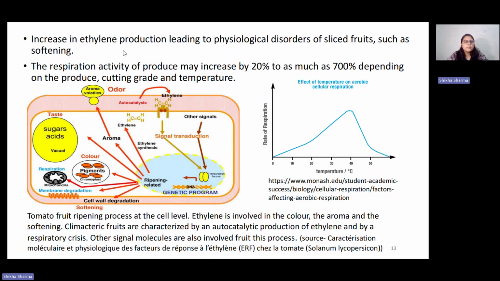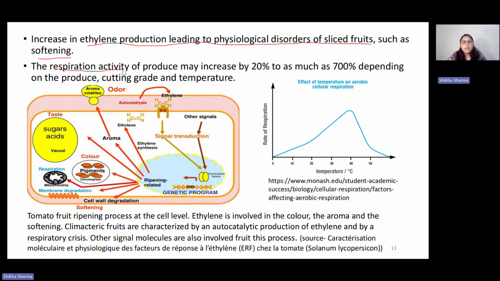These are some other physiological changes which will happen when we have minimally processed food products and they are undergoing some quality changes. Other physiological changes include an increase in ethylene production, which will lead to physiological disorders of the sliced fruits, like softening.